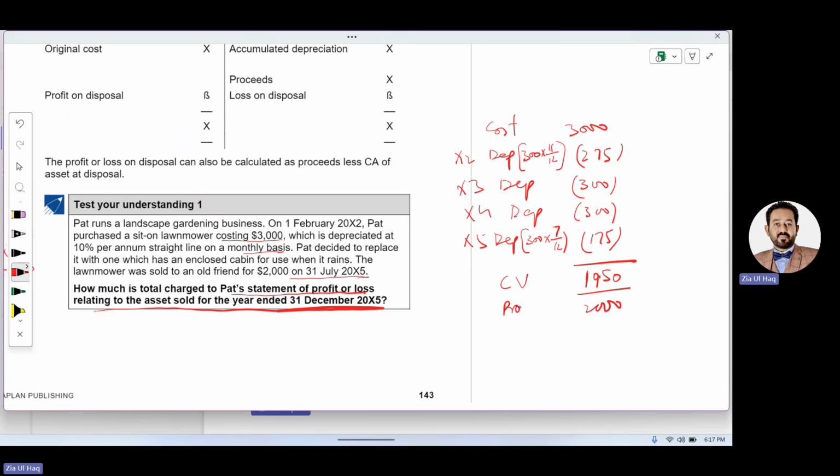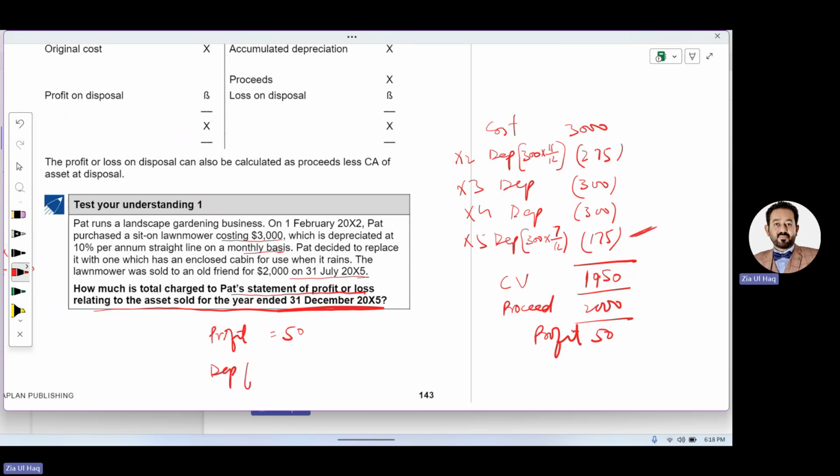This is the proceeds. So proceeds are greater than carrying value, so there is a profit of 50. So what will be charged to the profit and loss account? This profit of 50, and the depreciation for the current year, not 1,050 but for the current year, 175.